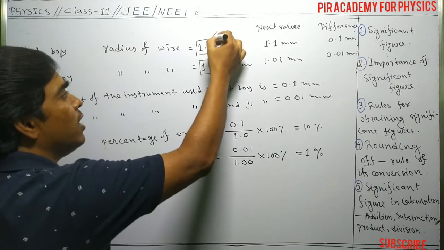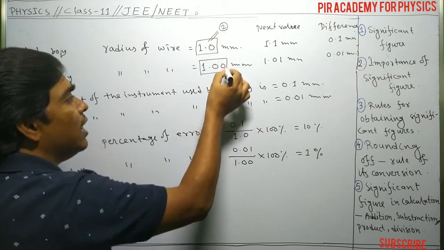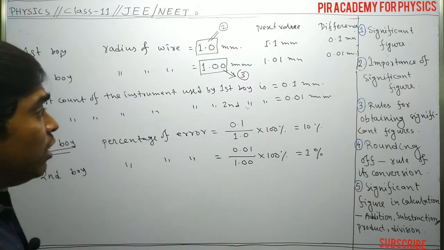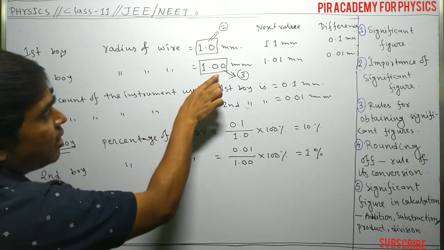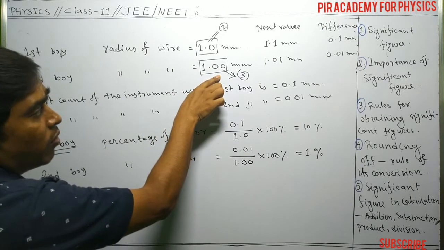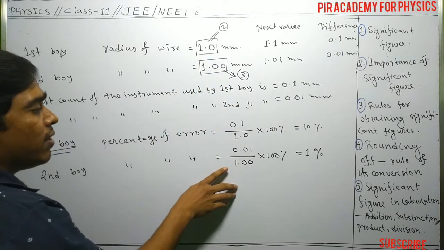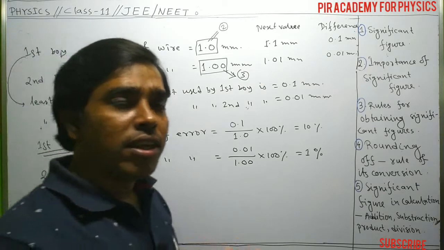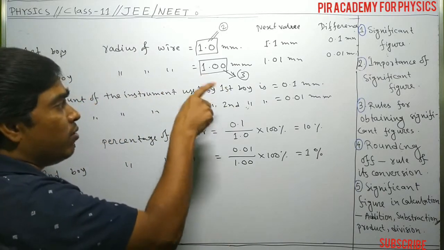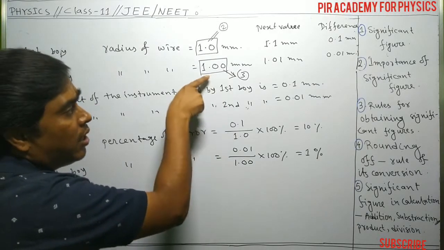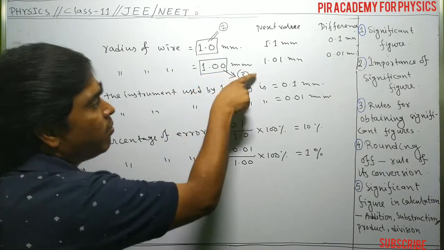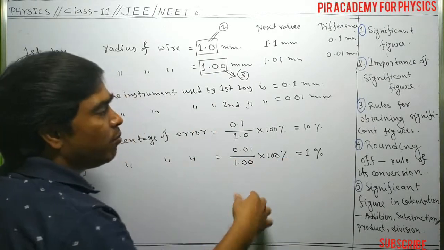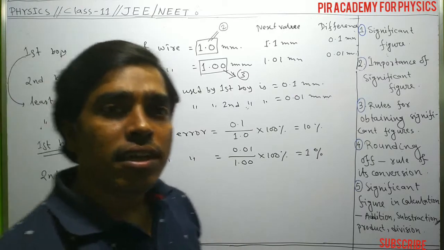If you increase the significant figures in a measurement, then the percentage of error will decrease. That means accuracy will increase.